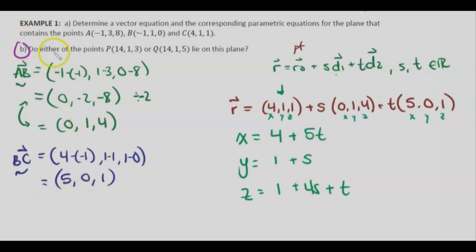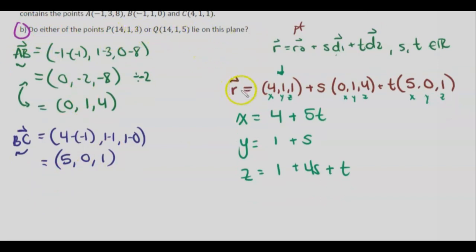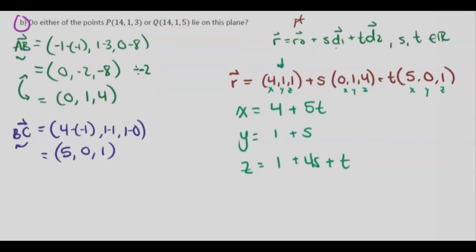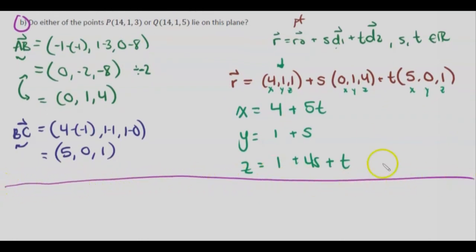Now part B. Do either of these 2 points, P or Q, lie on this plane? So let's do the first one. We're going to check P, 14, 1, 3.